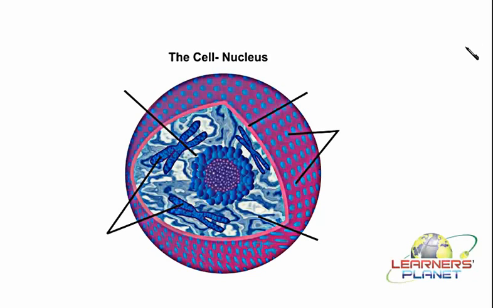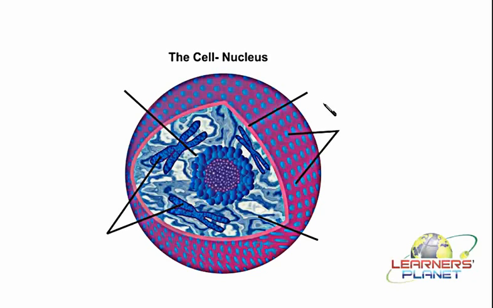So the very first structure shown here, this outer outline, you can see this pink boundary over here, is of course a membrane. In any diagram, especially when we are discussing the cell and its organelles, whenever there is an outer boundary, of course it is going to be a cell membrane.